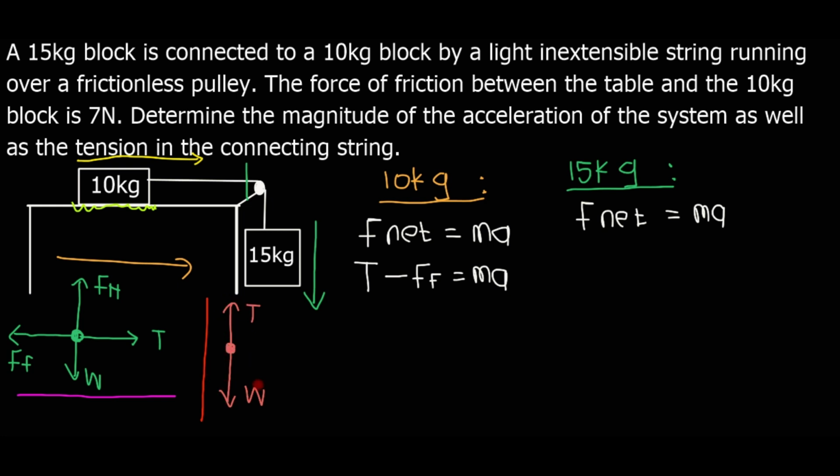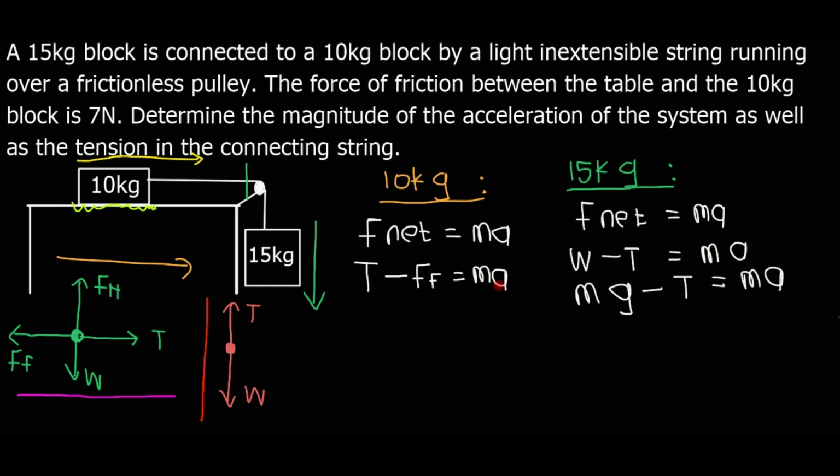And remember this object moves downwards, so in the direction of motion is the weight. So weight is positive and tension is negative. So from there I will say W minus tension equals ma. And then remember W equals mg, so we'll say mg minus T equals ma.